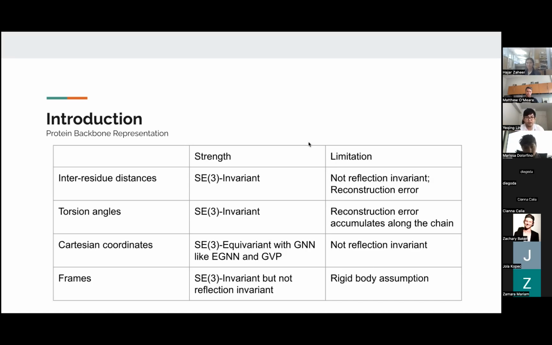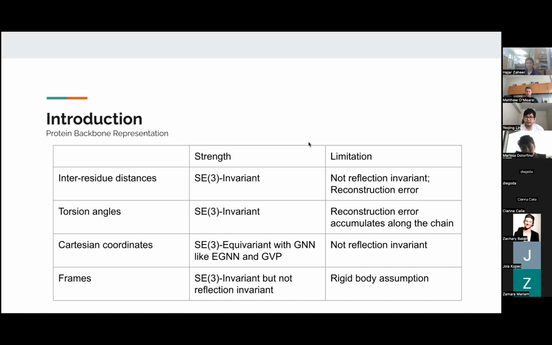The third representation is easier to understand. It's just Cartesian coordinates, directly the coordinates of the atoms. And this one, thanks to the recent development of geometric neural networks like EGNN and GVP, is SE3 equivariant, which means that once you do a translation or rotation on the input, the output coordinates will also change accordingly based on the translation and rotation.